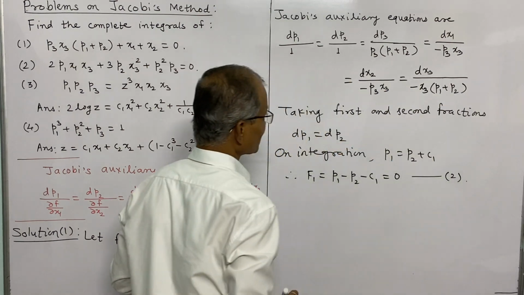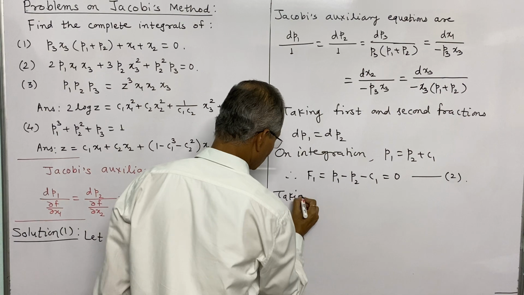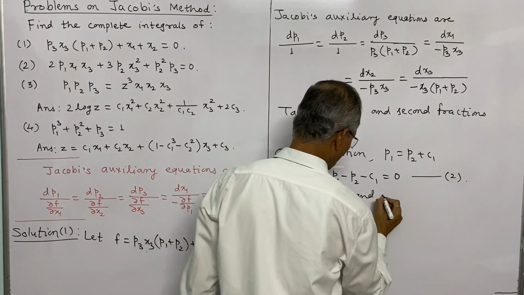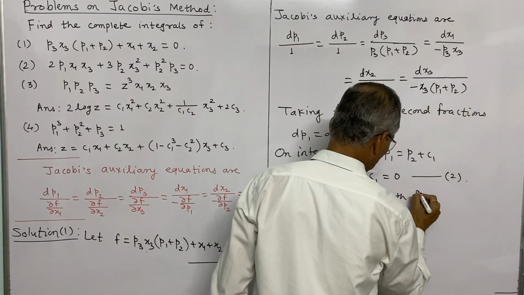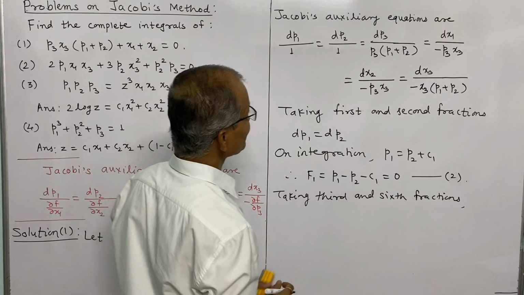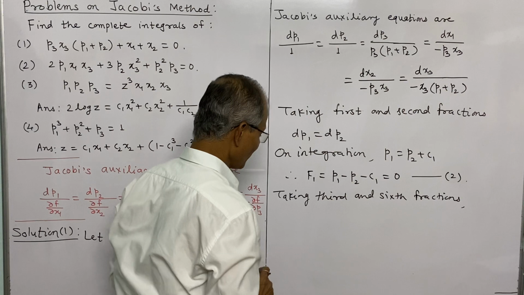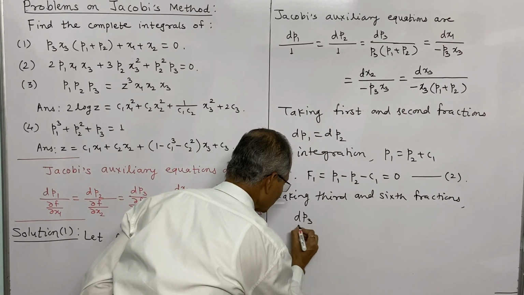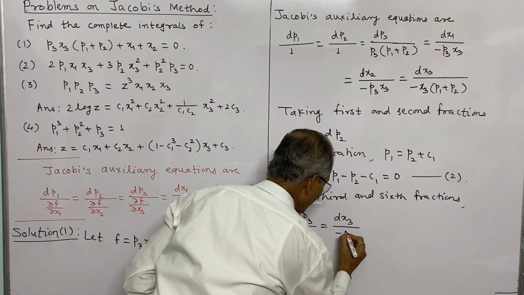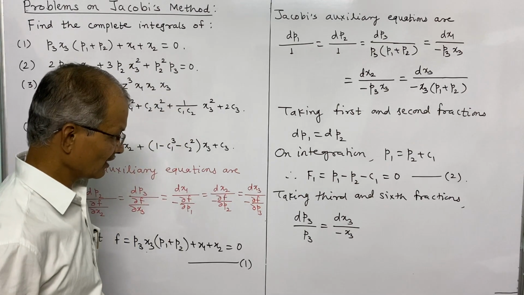So taking third and sixth fractions, what we shall get is, now I shall write this directly, this term cancels, and it is dp3 by p3 is equal to dx3 by negative x3 after cancelling this p1 plus p2 either side.